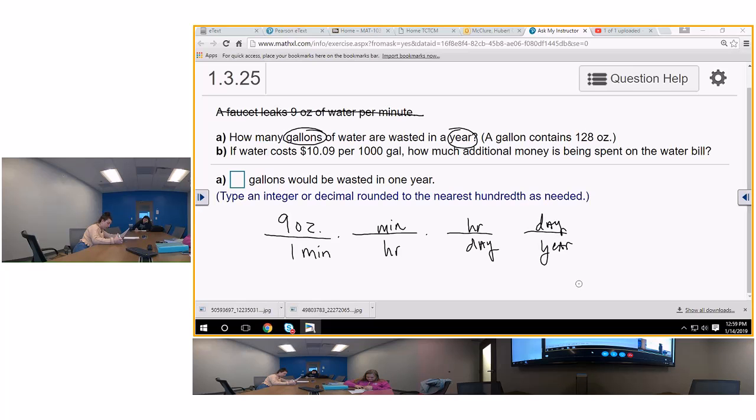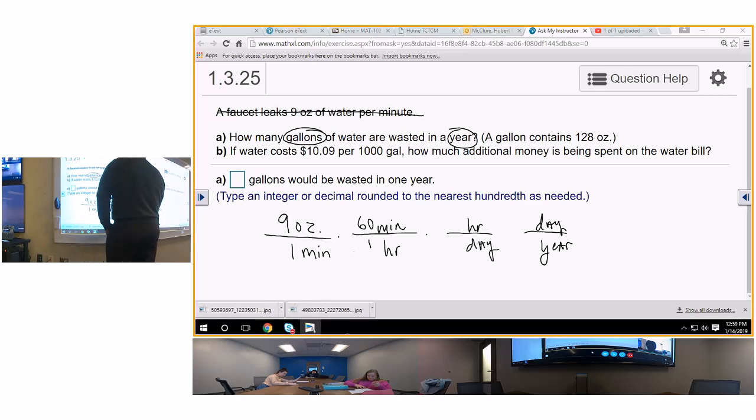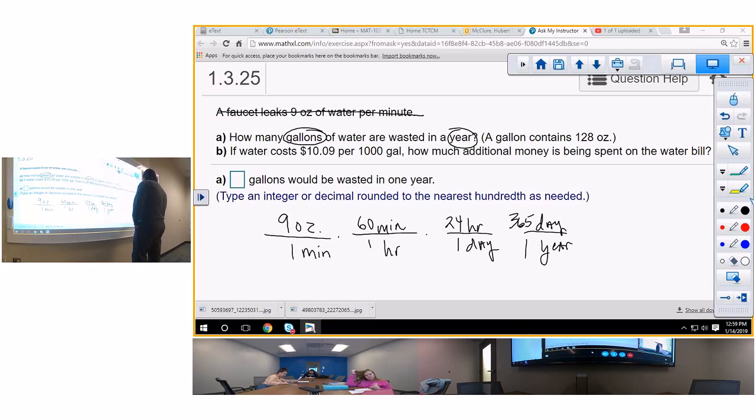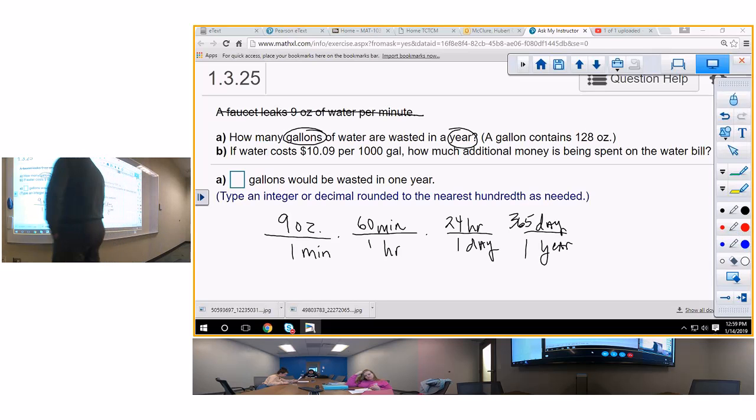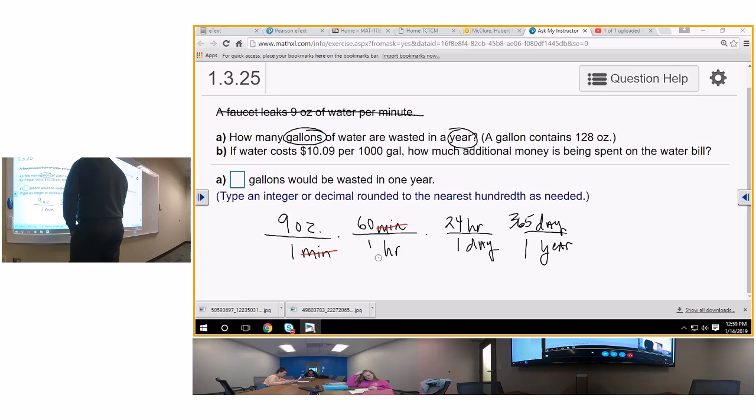Okay, so how many minutes are in an hour? 60 minutes in 1 hour, 24 hours in 1 day, 365 days in 1 year. Take my handy dandy red technical pen and minutes cancel, hours cancel, days cancel. Now I've got ounces per year. That's not what they want. They want gallons per year.